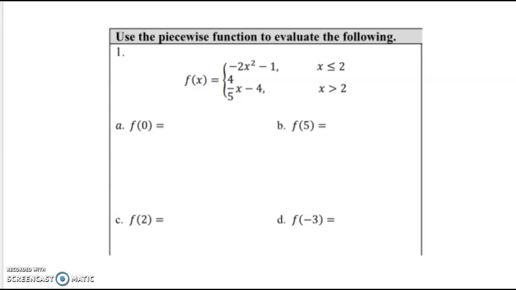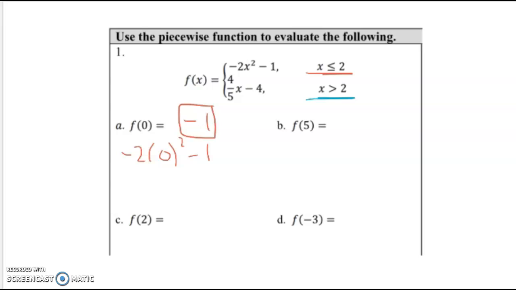First thing I need to do is figure out which one of these criteria that falls into. x is less than or equal to 2, so it will fall into the criteria of the first function. 0 is less than or equal to 2. So I'm plugging a 0 into that first equation. 0 squared is 0, times negative 2 is 0, minus 1 is negative 1. So my answer is negative 1.